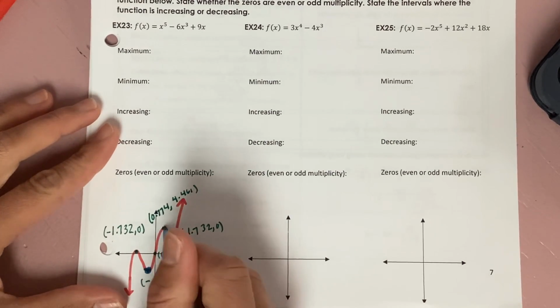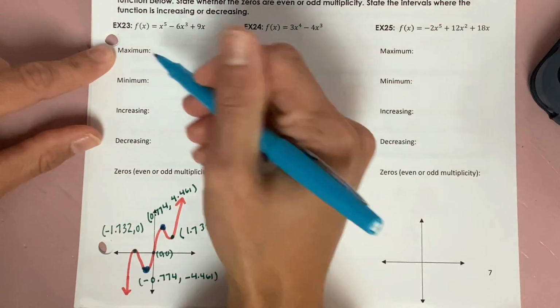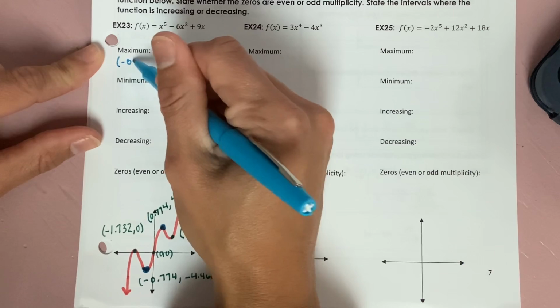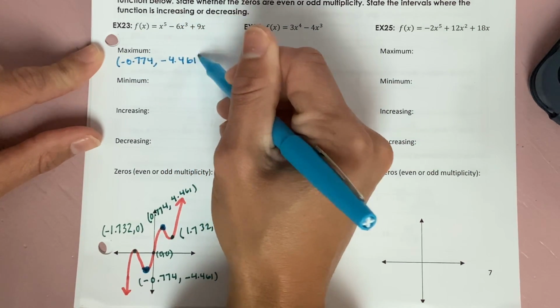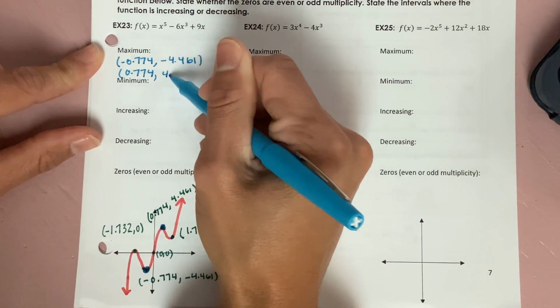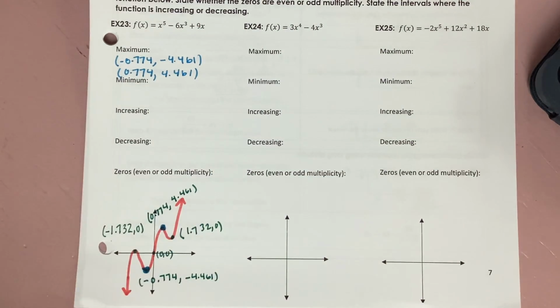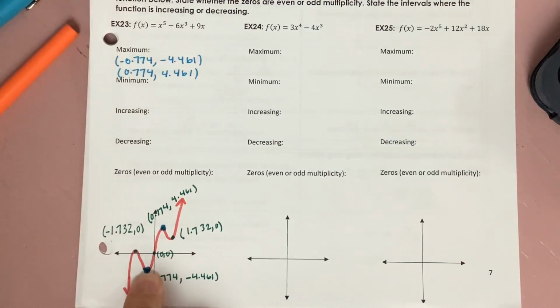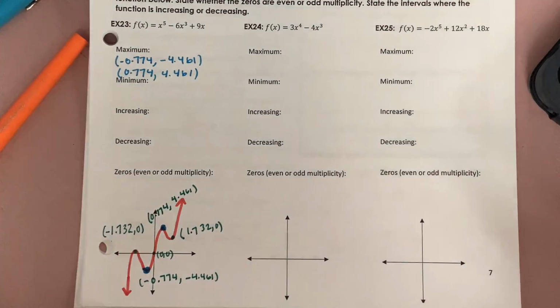These two guys right here are your maximums. So I'm going to list them under maximum. So I'm going to list negative 0.774, negative 4.461, and 0.774, positive 4.461. All right, so those are coming from the two maximums. Oh, dang it, that's not a maximum. Hold on, that's a minimum.